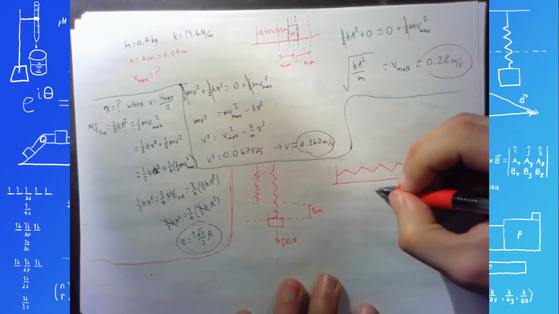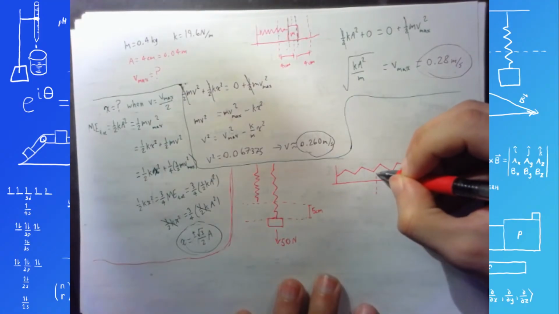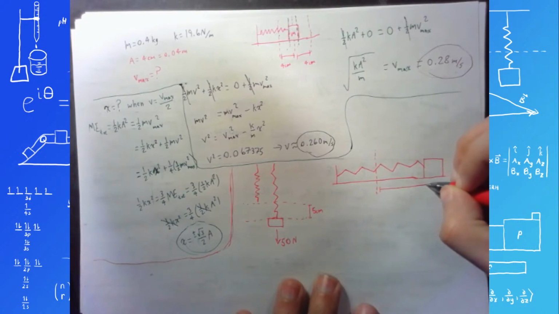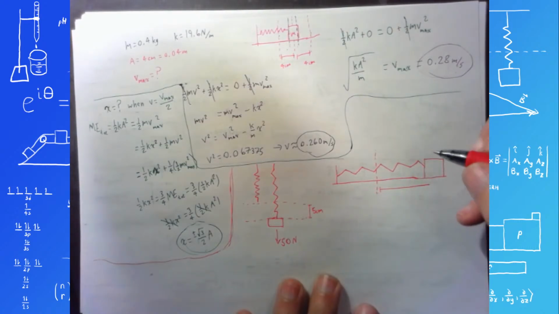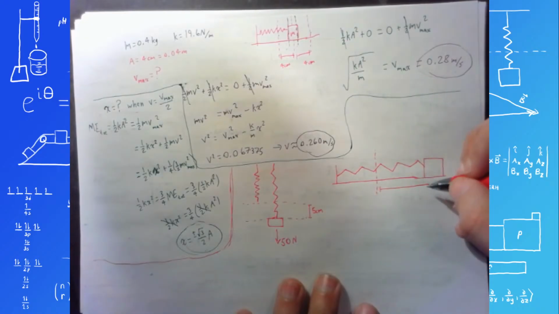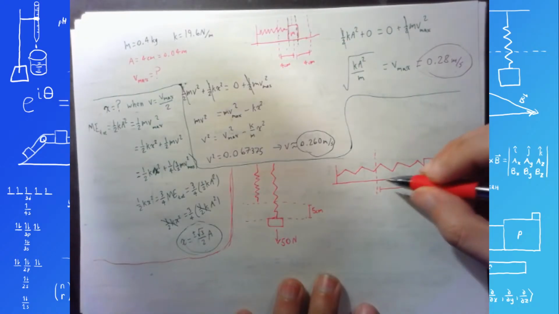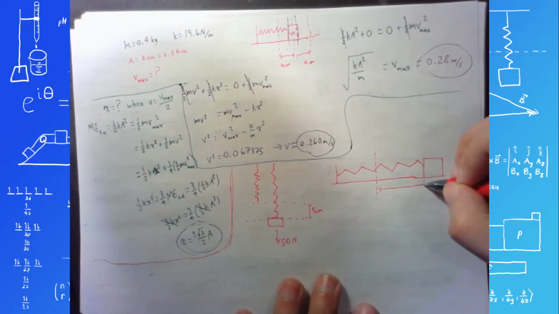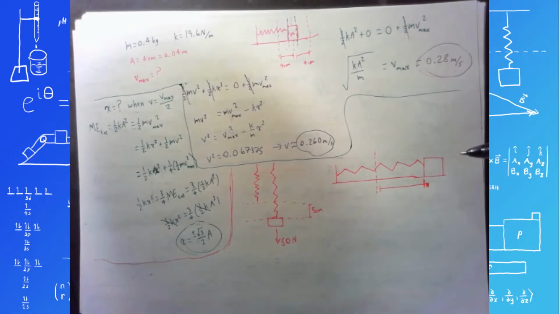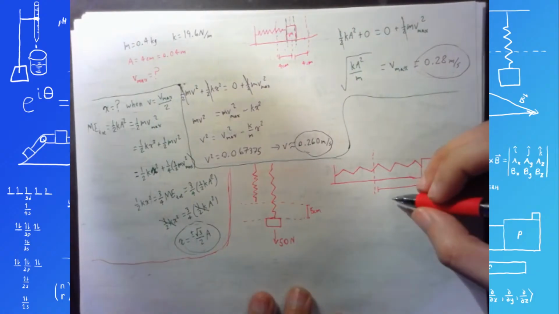So let's say its equilibrium position was over here, and we'll say this is 11 centimeters. Actually, that means there's not enough wall for it to actually oscillate. It'll hit the wall before it manages to complete a single cycle. But let's not take my drawing to scale. How about that?